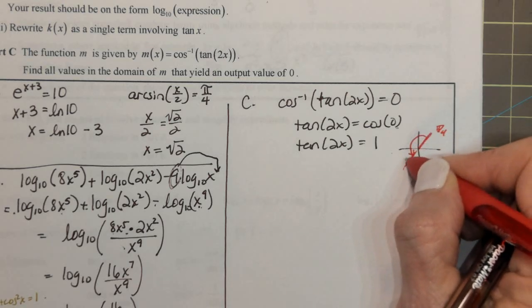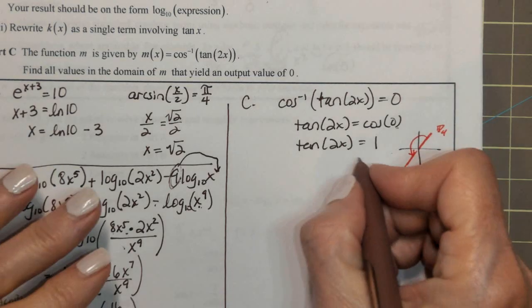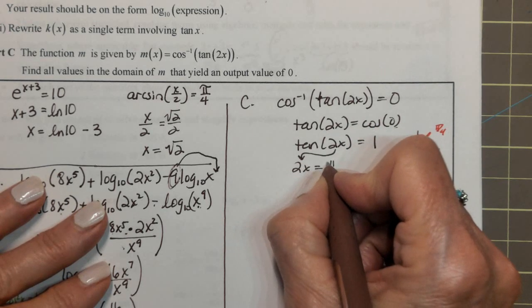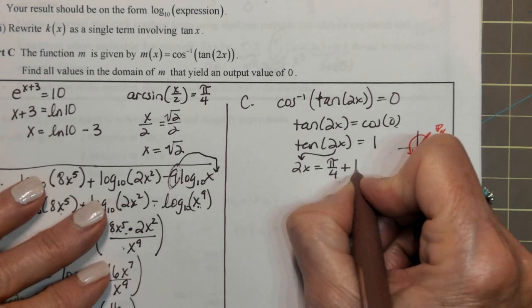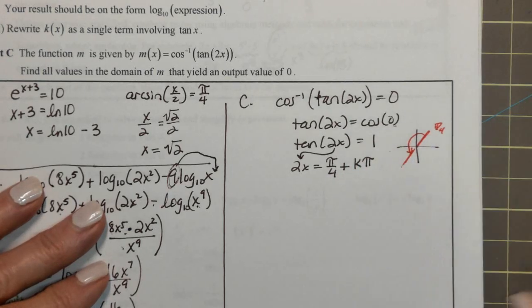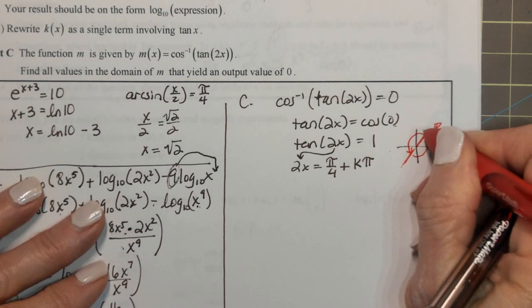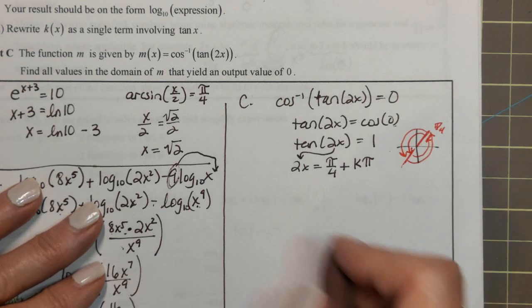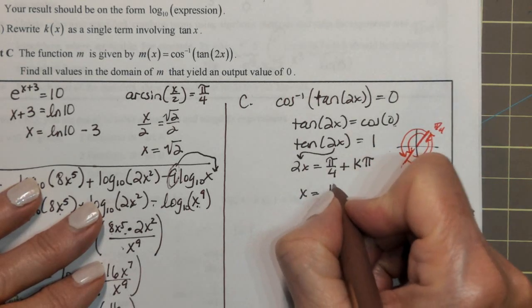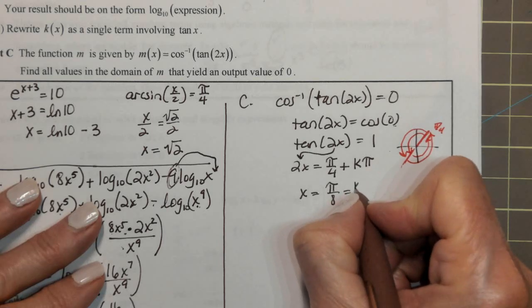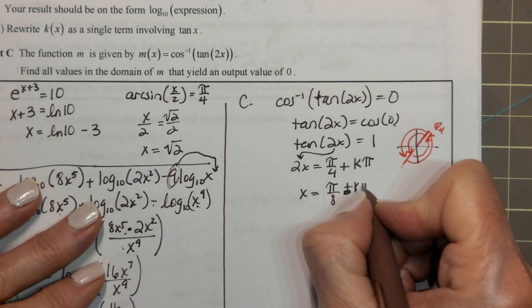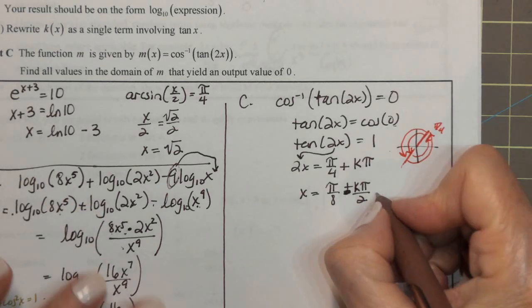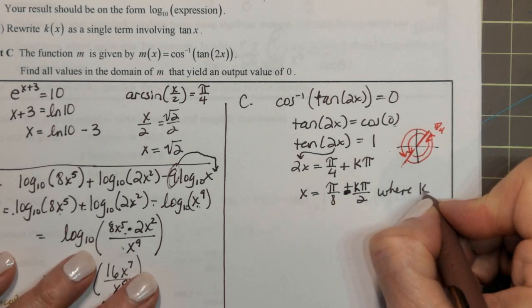So 2x is equal to pi over 4 plus k pi, because if you keep adding pi, you get another one that works. Now multiply both sides by a half. And we're done. Always say what k is.